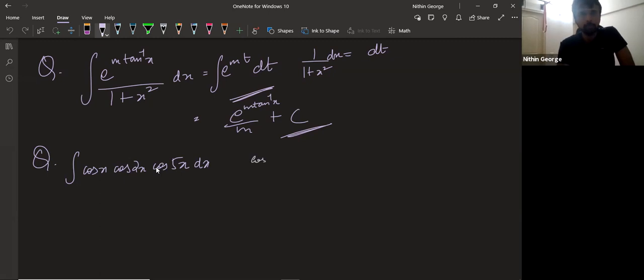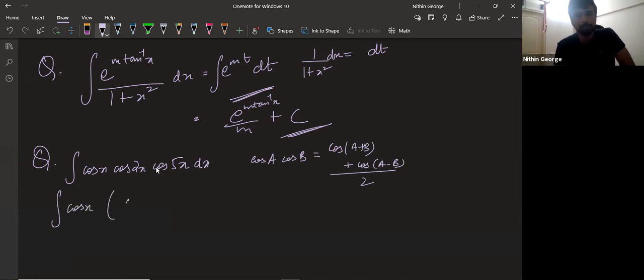So we know that 2 cos a cos b is cos a plus b plus cos a minus b, so this whole thing is divided by 2 here. So here I'll take cos x common, and cos 2x cos 5x becomes cos 7x plus cos 3x, divided by 2.